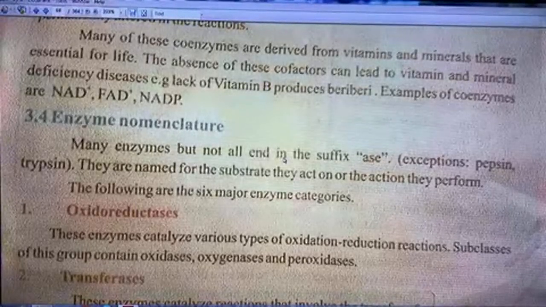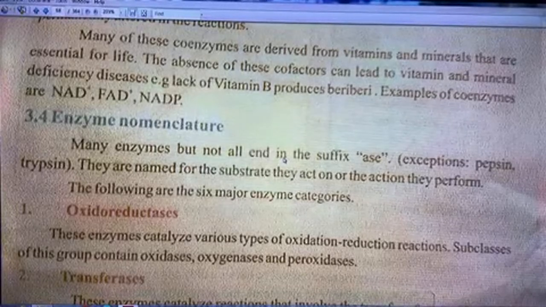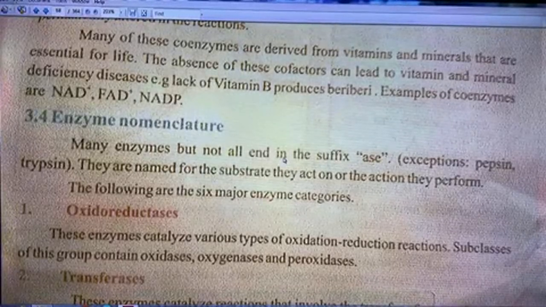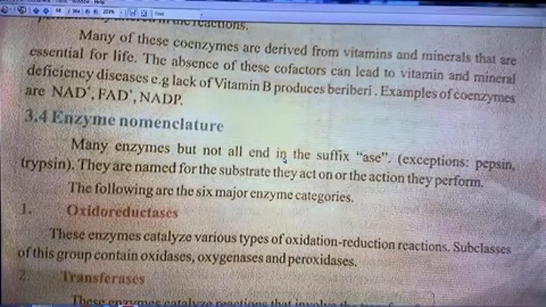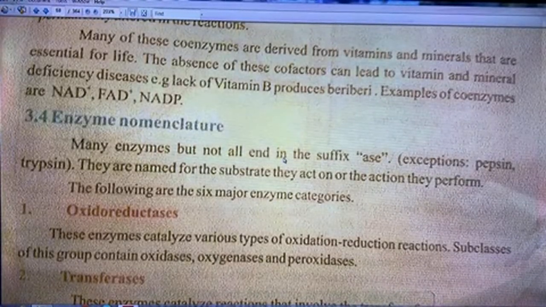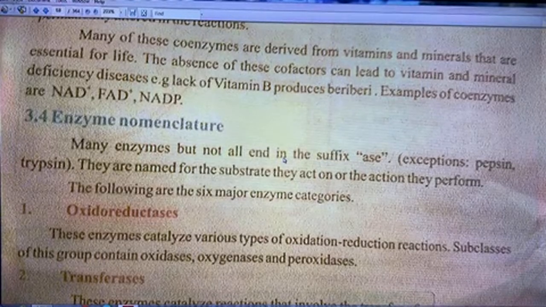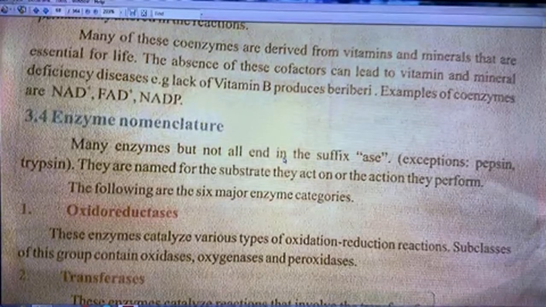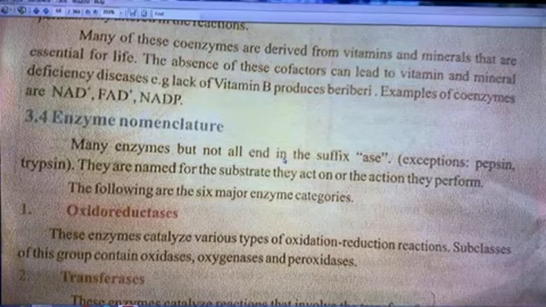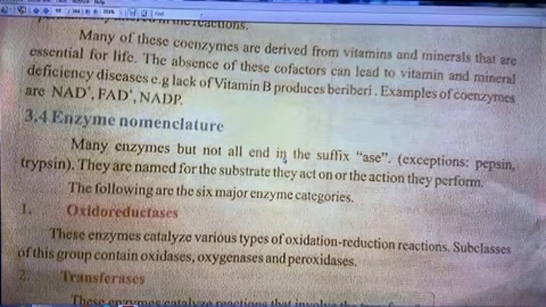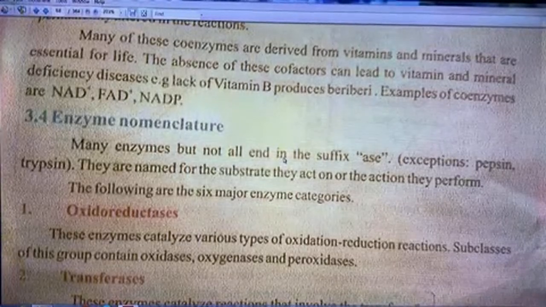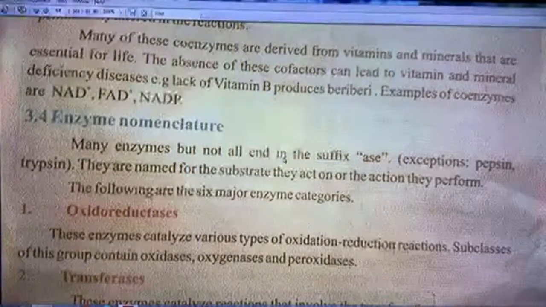Some cofactors are small organic molecules called coenzymes. Like enzymes, they are not permanently altered in the reaction. Many of these coenzymes are derived from vitamins and minerals that are essential for life. The absence of these cofactors can lead to vitamin and mineral deficiency diseases. For example, lack of vitamin B produces beriberi. Examples of coenzymes are NAD, FAD, and ADP.